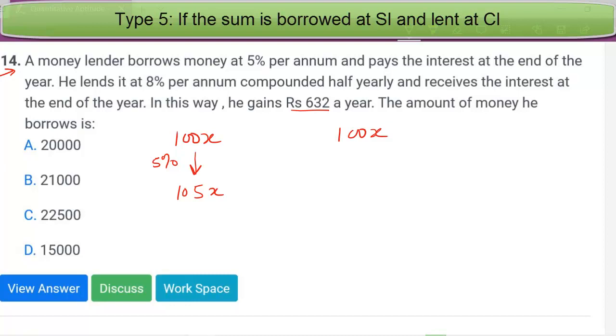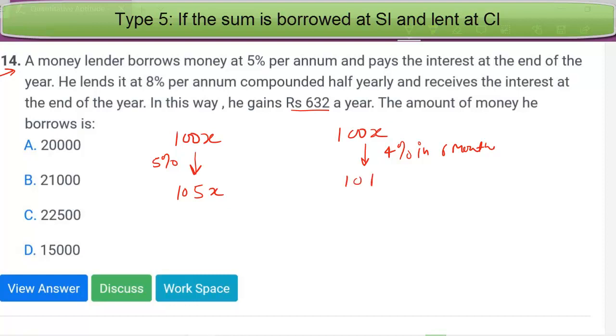So that means 4% in 6 months, and compounded. Okay, so 4% in 6 months will give you 104x.